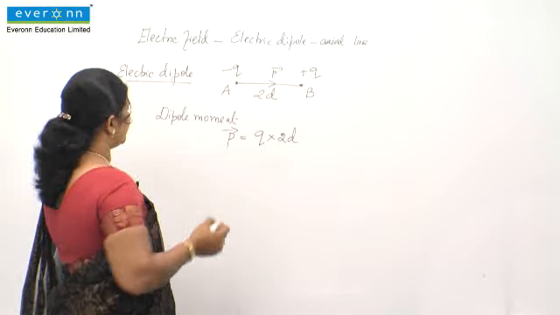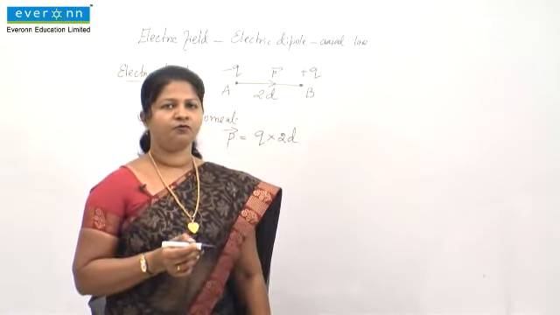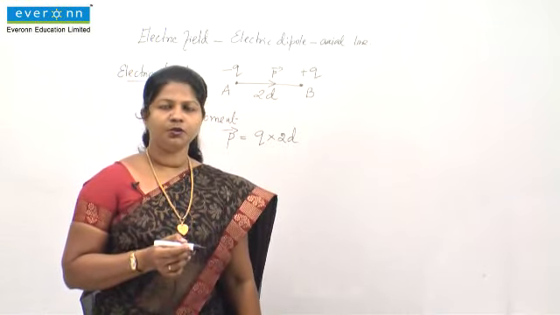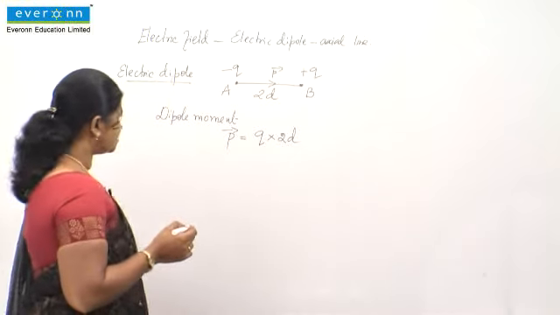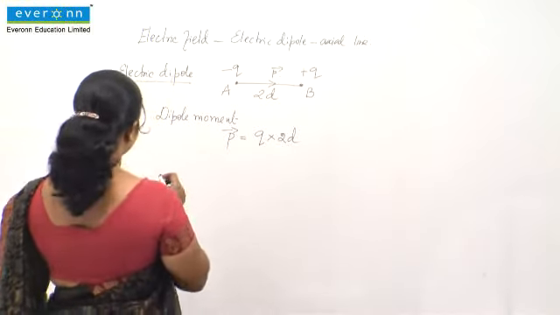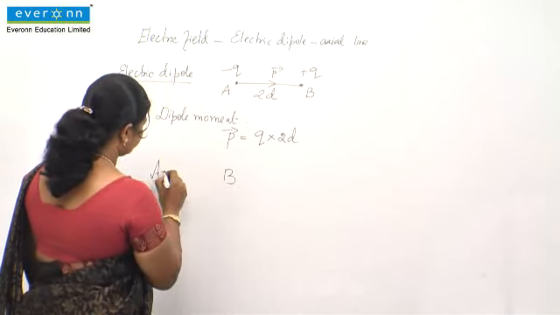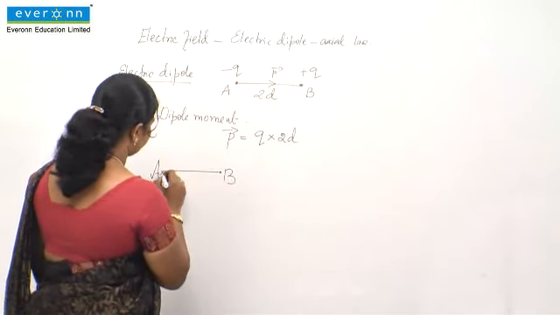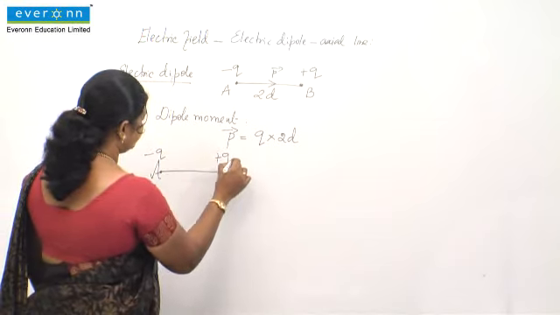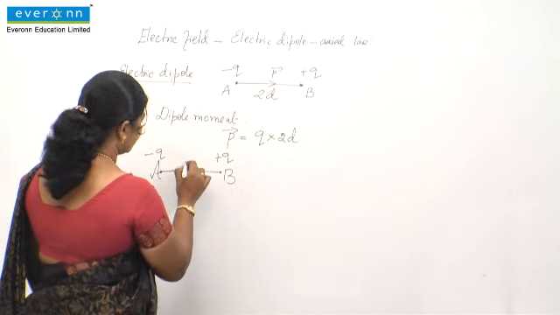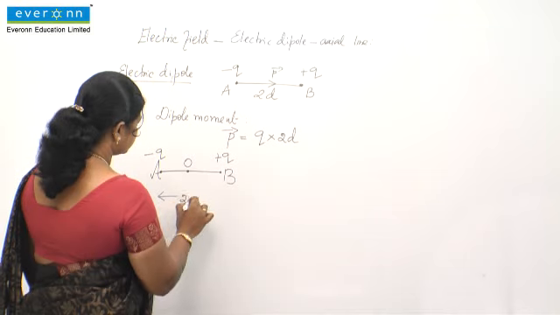So, having known the electric dipole and dipole moment, now let us derive the expression for the electric field due to an electric dipole along the axial line. Let us first draw the diagram for it. Same way, we have the electric dipole, with minus q and plus q, and the center of the electric dipole is represented as O. The distance is 2d.